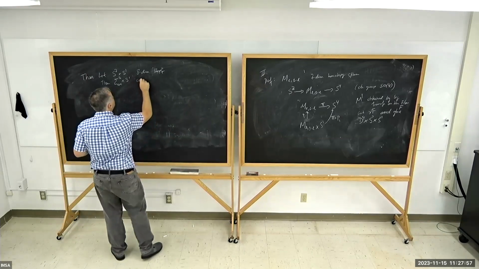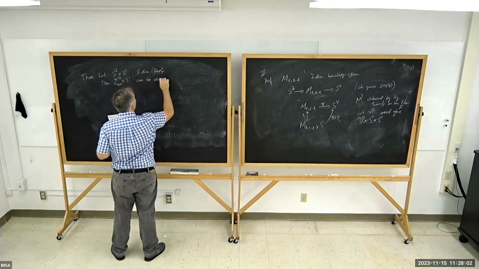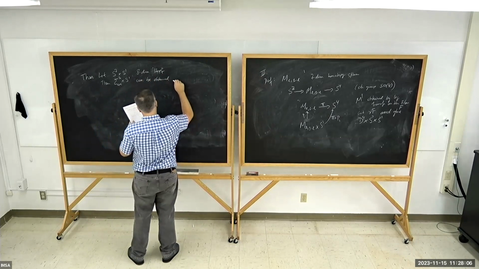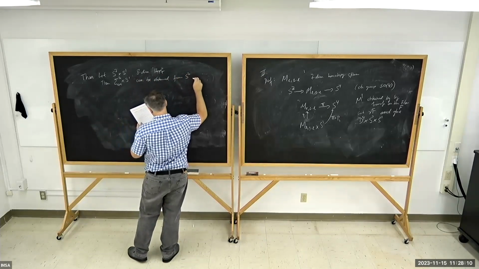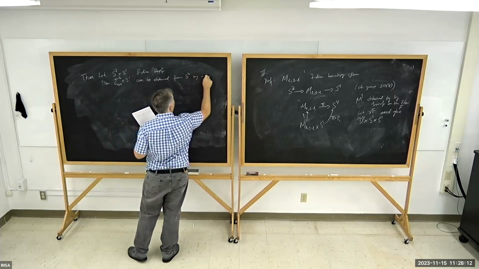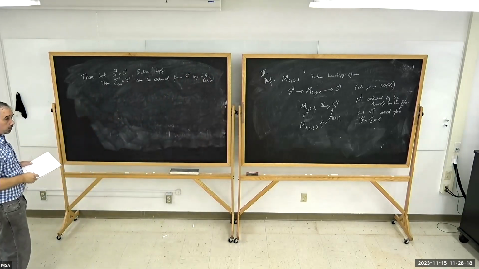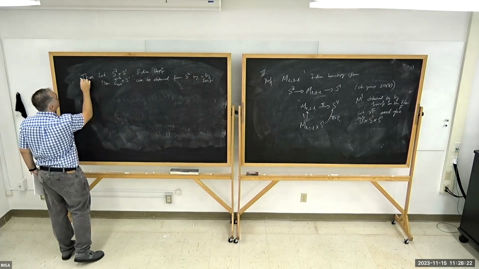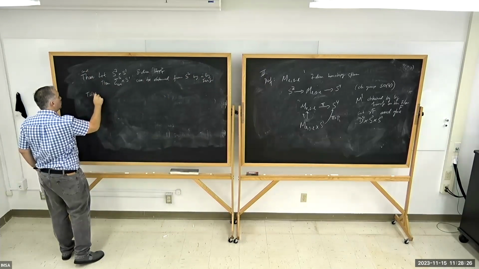This sphere can be obtained from S7 by a log transform in this procedure. But even better, this is actually a corollary. The real theorem is here.